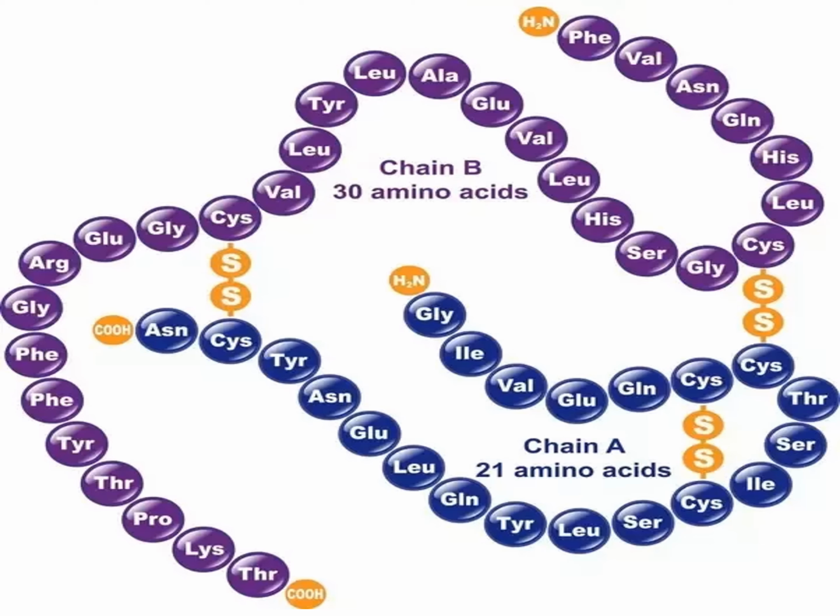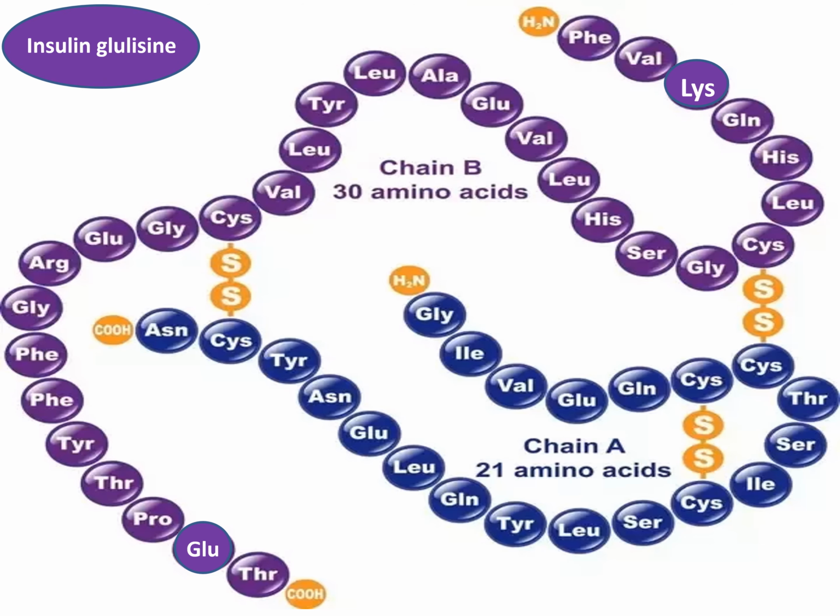If we replace amino acid 29 in the beta chain with glutamic acid, and we replace the amino acid number 3 in the beta chain with lysine, then we are getting insulin glulisine.